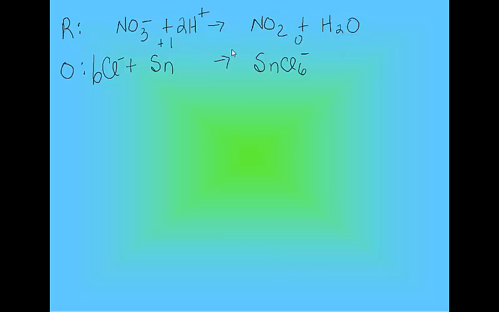Reduction is a gain of electrons, reactant, left-hand side. How many? One. One negatively charged electron, added to come up to 0.